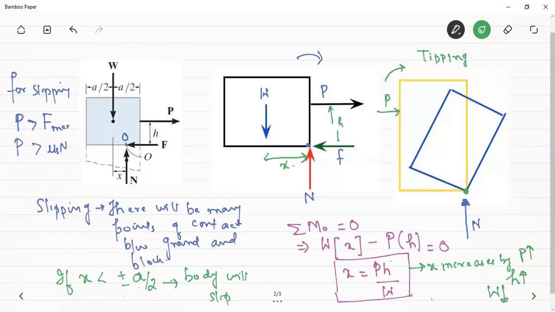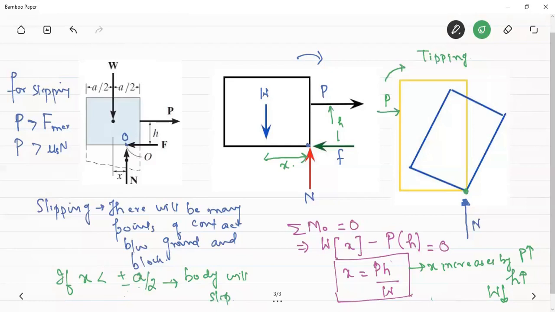Obviously, because the normal reaction will lie within the body, it won't be at the extreme end. So if x is less than plus minus a by 2, then the body will slip.